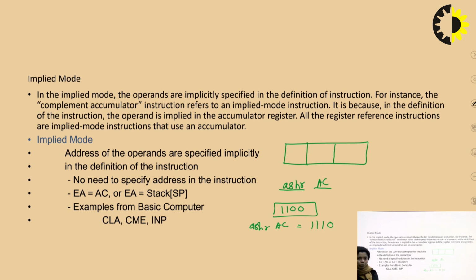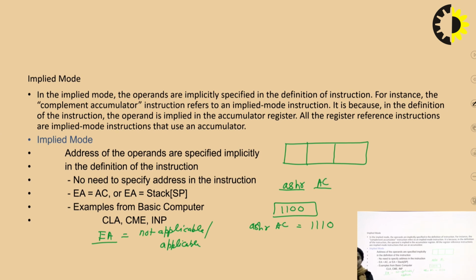Whenever a question asks about the implied mode, we have to calculate the effective address. For this effective address, you only have to write applicable or not applicable. There is no integer number or address part of the instruction to be written in the effective address.